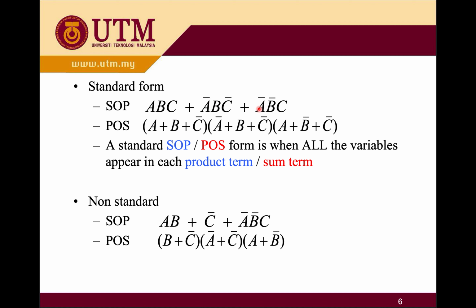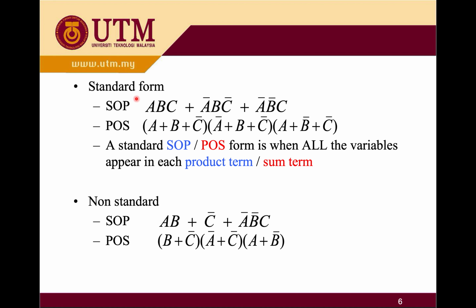And you can see over here, the product here has all the ABC. So this is the standard form, which means that you have all the variables in the products. You can see a standard SOP or POS form is when all variables appear in each product or sum term.